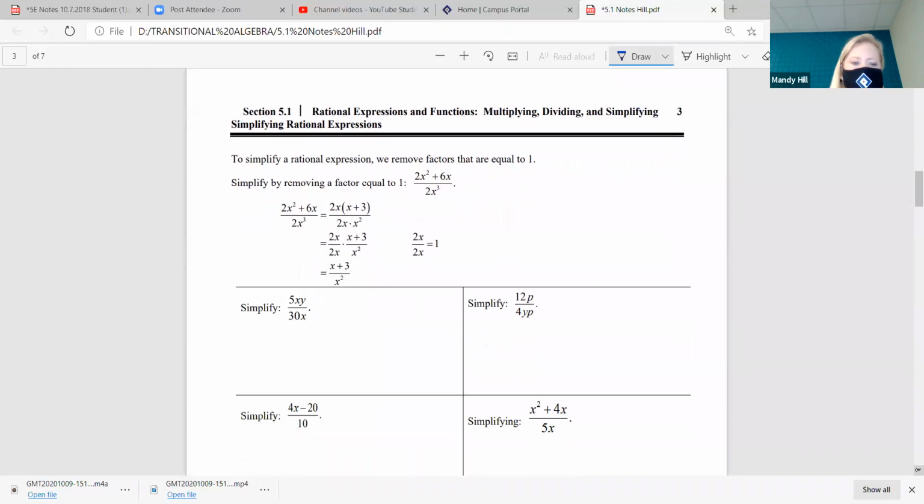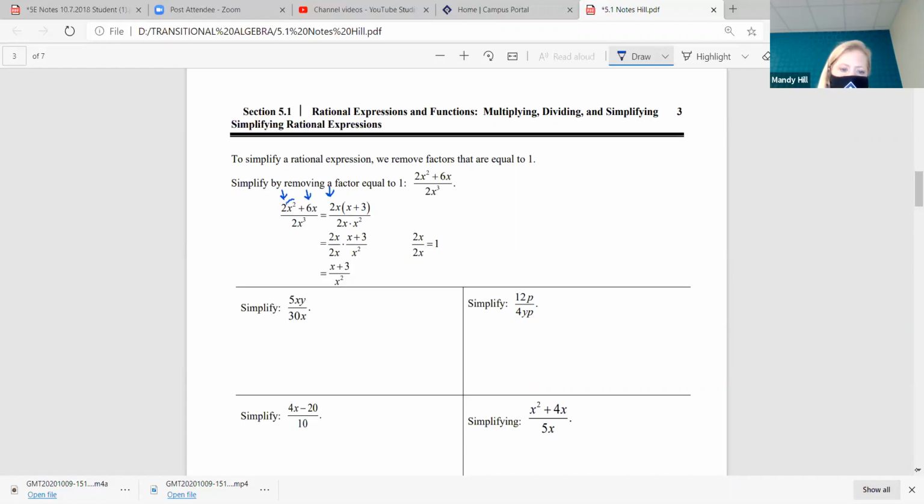Okay, so to simplify a rational expression, we remove factors that are equal to 1. So what does this mean? They looked at this 2x squared plus 6x, and they were like, can I factor anything out of the top of that? I've got a 2 and a 6, so they were like, I can pull a 2 out of both of those terms.